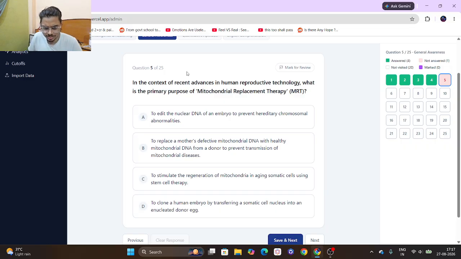To stimulate the regeneration of mitochondria in aging somatic cells using stem cell therapy, that is almost impossible to do for every single cell. To clone a human embryo by transferring a somatic cell nucleus into an enucleated donor. I don't think so. So to replace the mother's defective mitochondrial DNA with healthy mitochondrial DNA from a donor to prevent transmission of mitochondrial disease. Yeah, probably that is true.